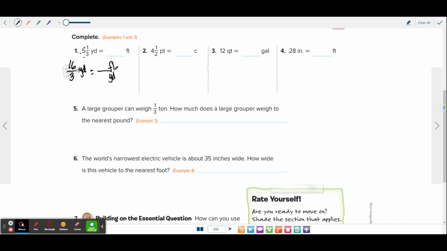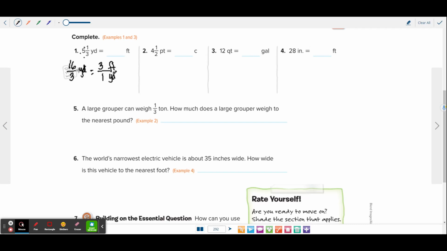And we want feet on top because that's what we're going to. So you always want what you're going to on top, what you're going from on bottom. So we know that 3 feet is 1 yard. If you look back at the table, it'll tell you that. Also, 1 yard is 3 feet. Remember, we can flip that upside down if we need to, but we want it so that these are diagonal so we can cancel them, okay?